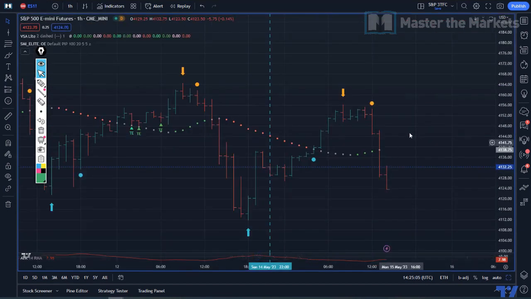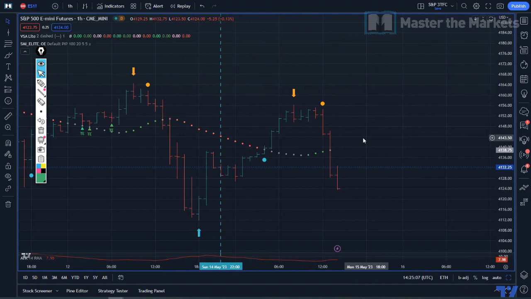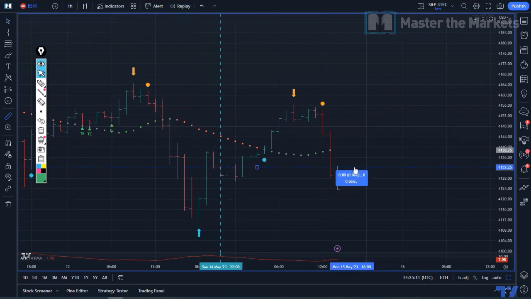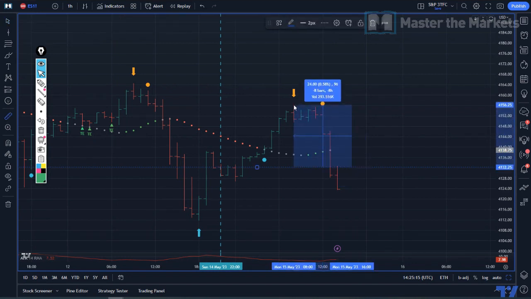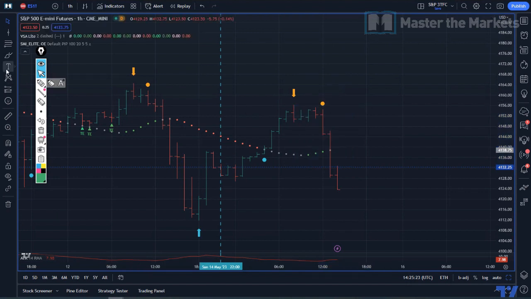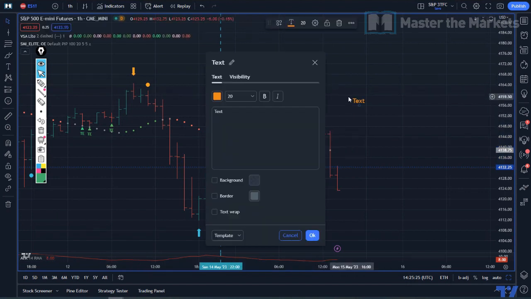But if I were to take a look in terms of again range or the open equity forming, what I would then take a look, traders, is that from this open, I would see how much has it moved. So here it has moved 24 points, right? 24 points. So let me write that down here. 24 points here, right?